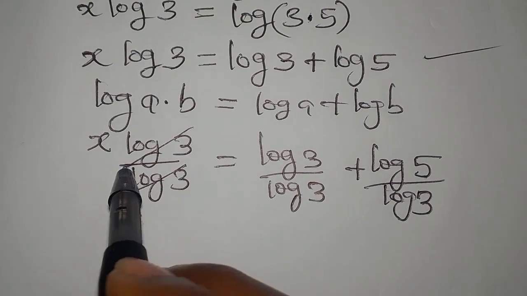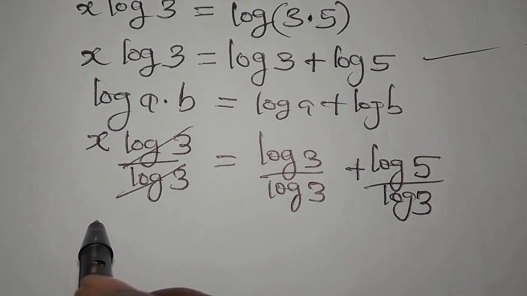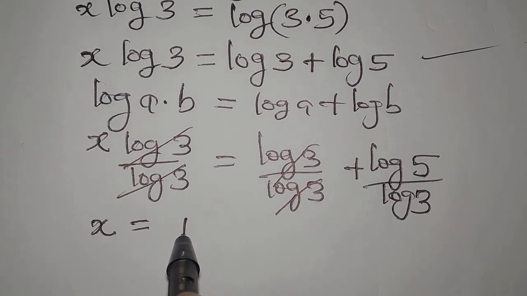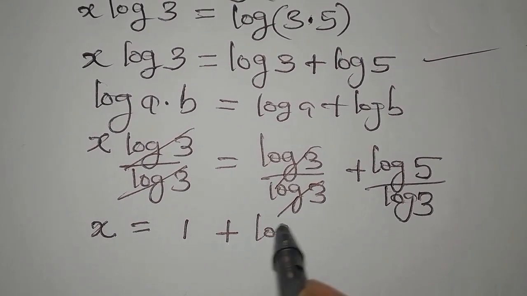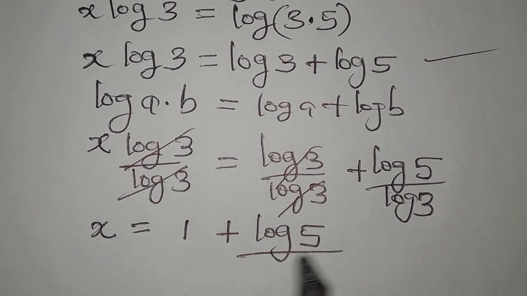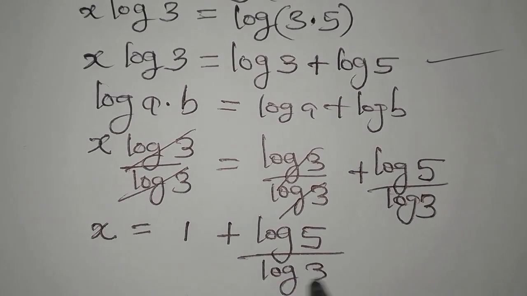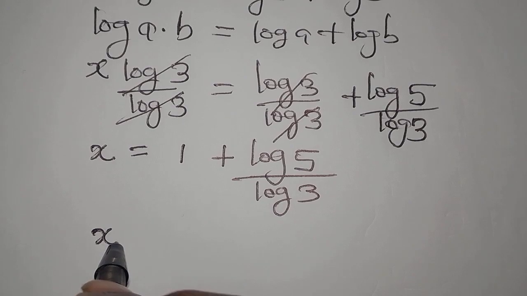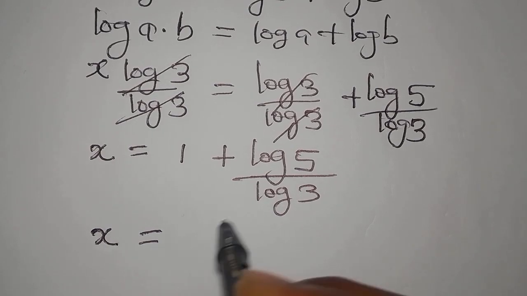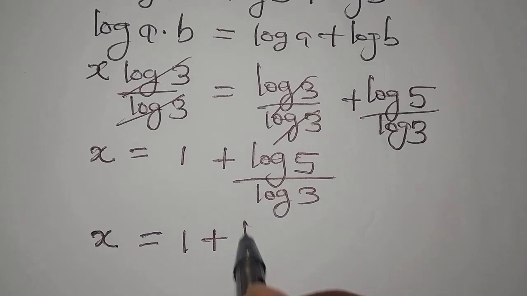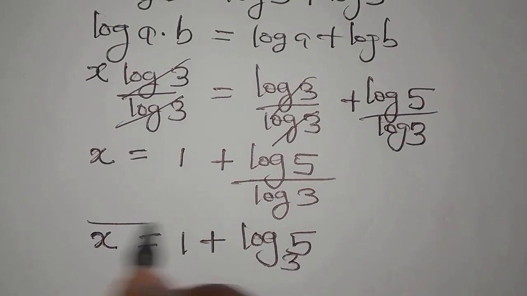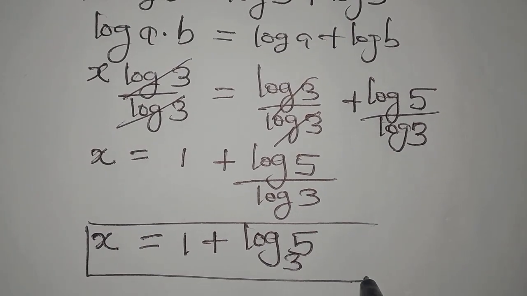Remember that this can go, and that was the reason, so that x will be alone here. Then this will go to 1, then we have log 5 over log 3. Now, guess what I'm going to do? Our x is equal to 1 plus log 5 to base 3. This becomes the value of x.